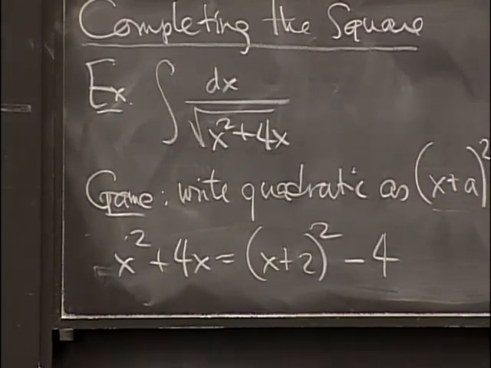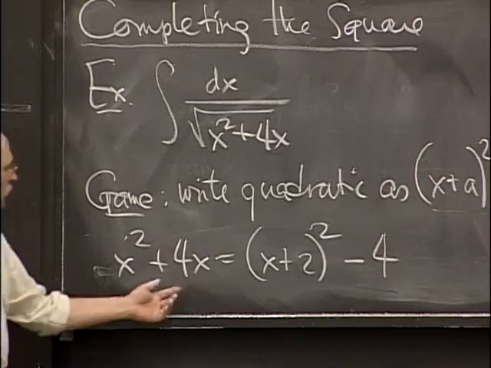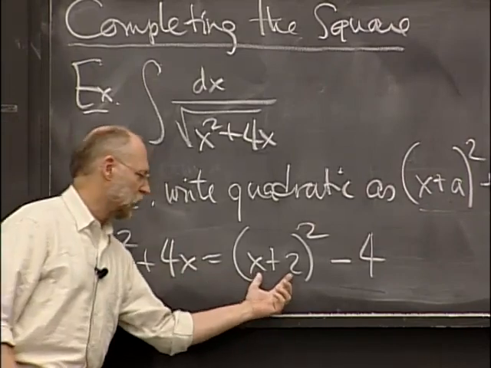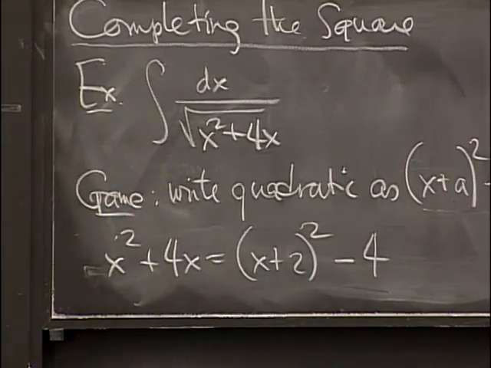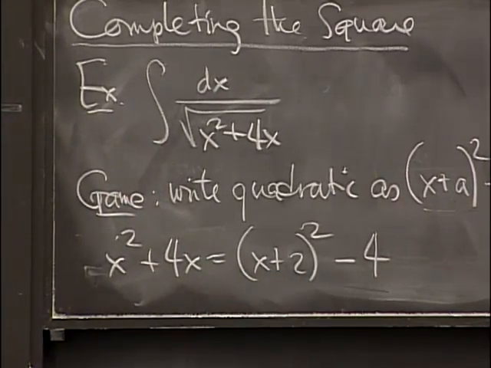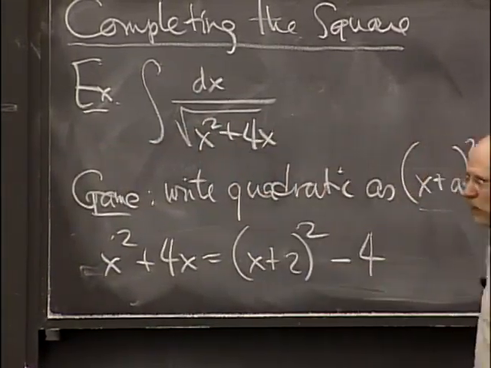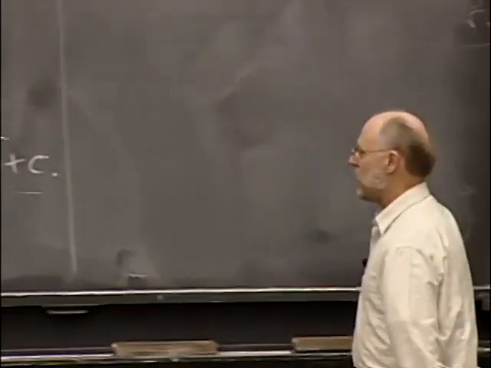I've completed the square. The word for this process of eliminating the middle term by using the square of an expression like that is called completing the square. And we can use that process to compute this integral. So let's do that.